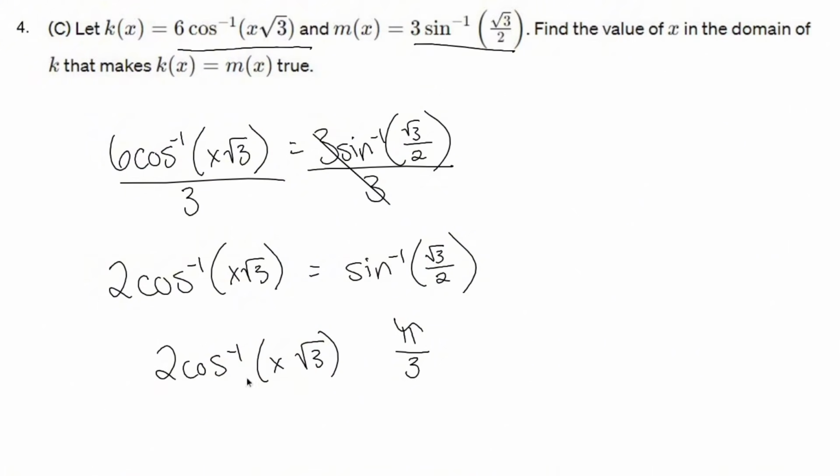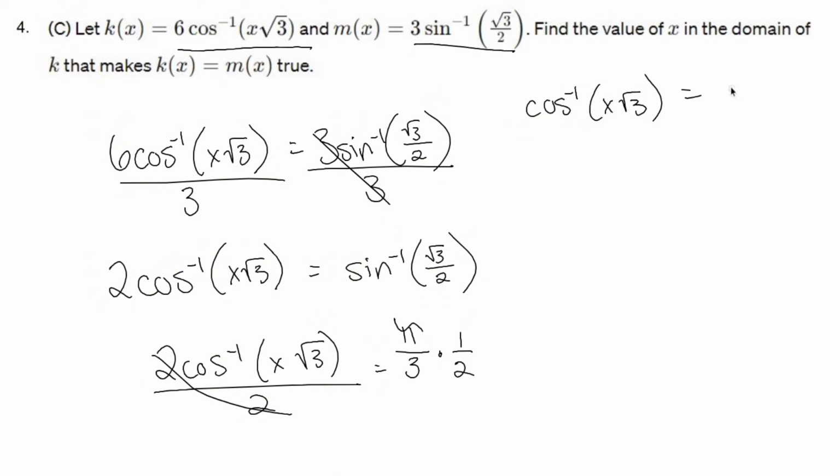I can divide both sides by 2, which kind of seems counterproductive. By the way, that's the same thing as multiplying by a half, so again, kind of seems counterproductive to what I did before. But now I have the inverse cosine of x root 3 equals pi over 6.